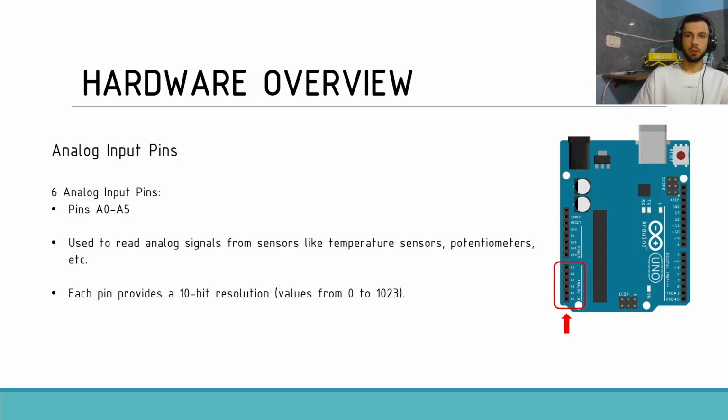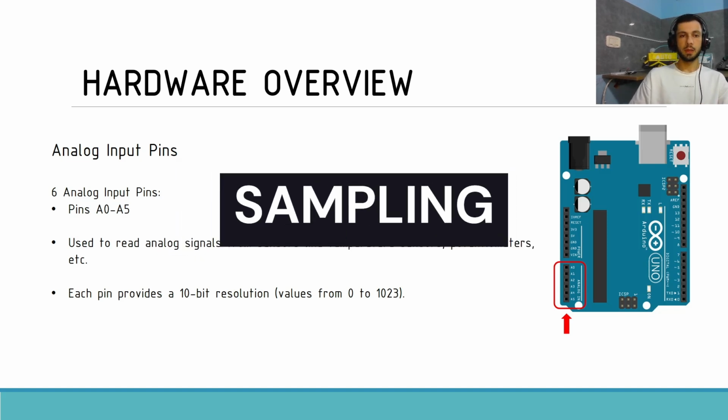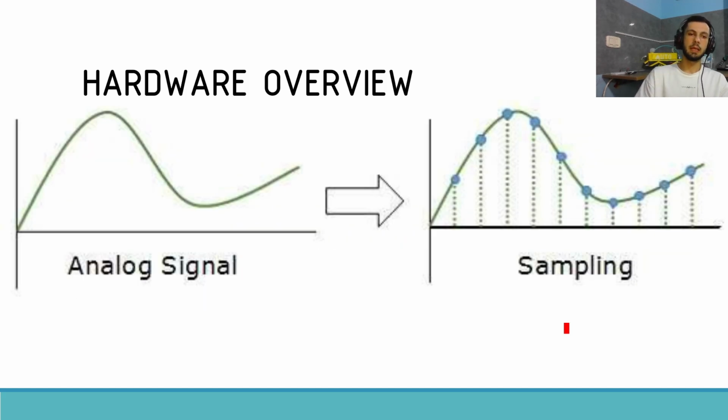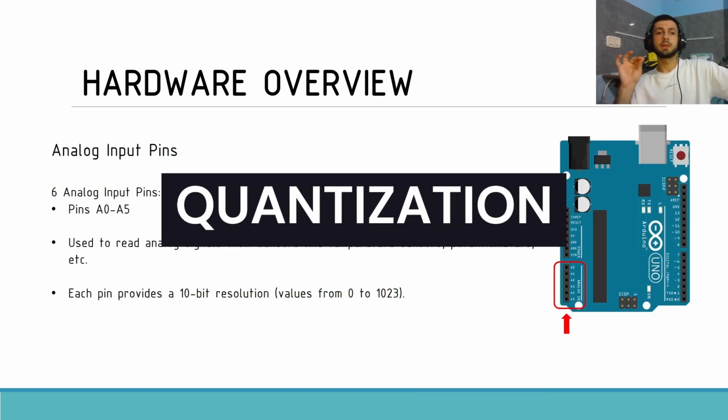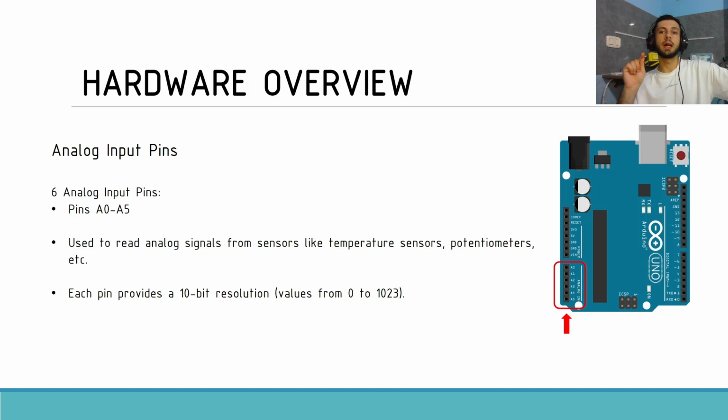First of all, we have the first step, the sampling step. The ADC takes periodic samples of the analog signal at specific intervals. Next step is quantization. Each sample is then mapped to a discrete digital value based on the ADC's resolution.